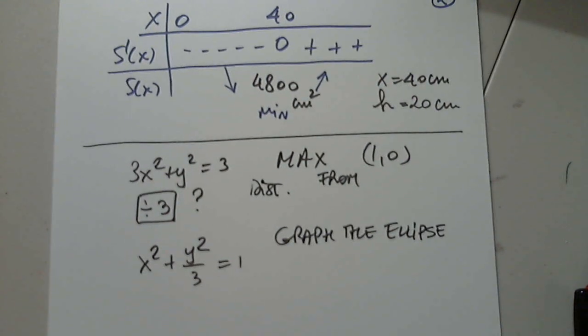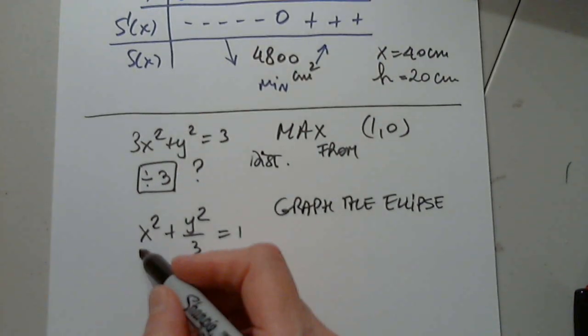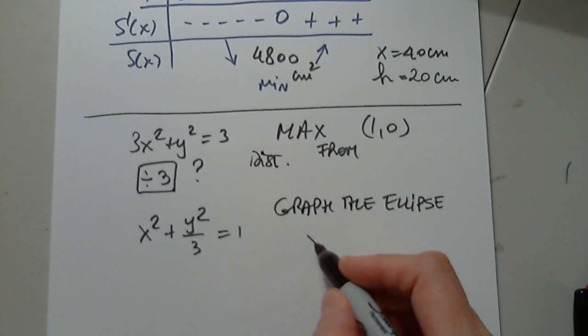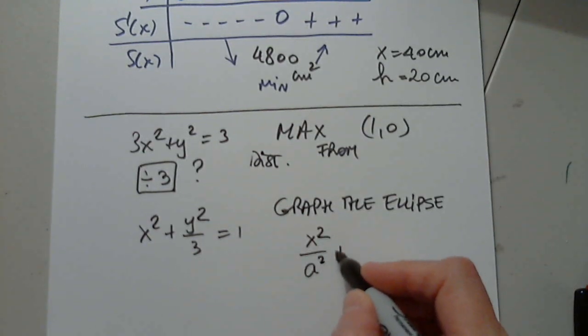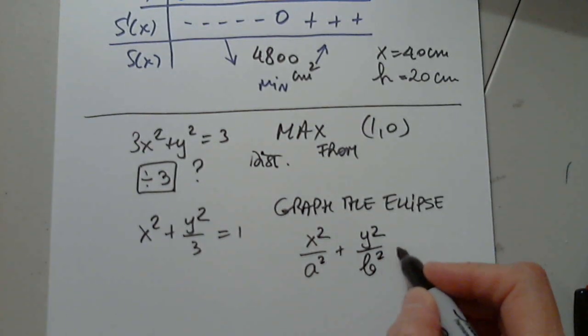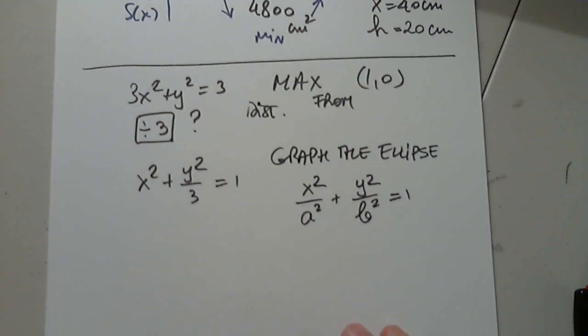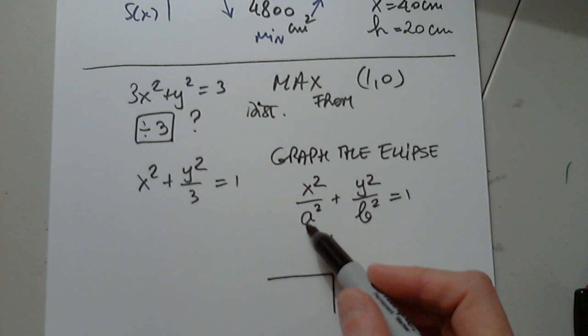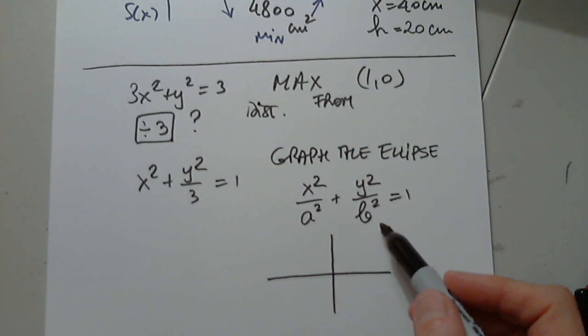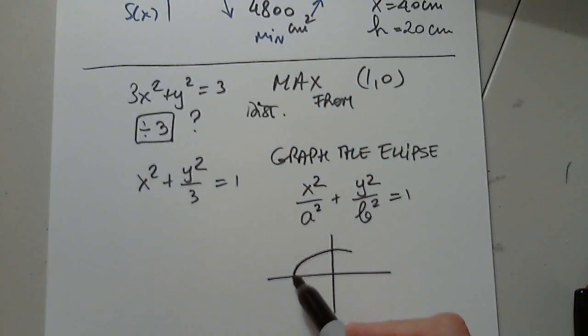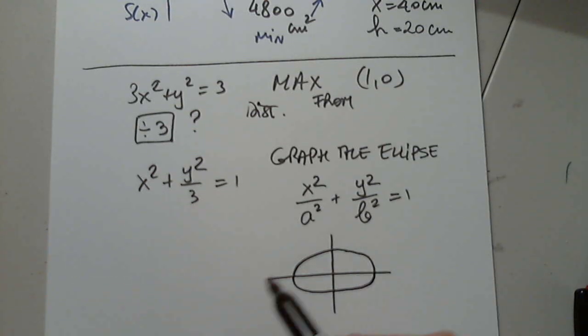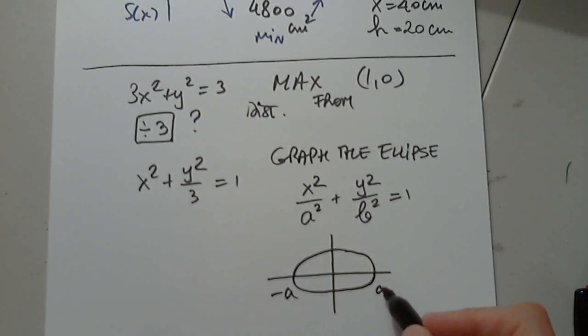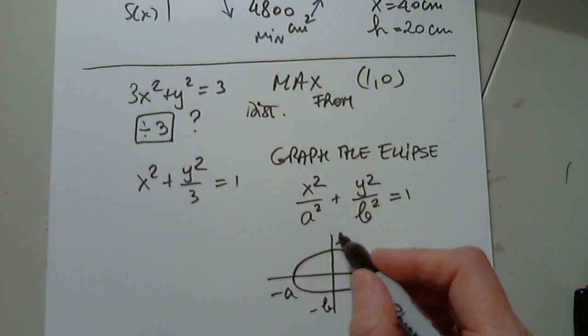Okay, let me refresh your memory. X squared divided by a squared plus y squared divided by b squared equals 1 means, assuming a is bigger than b, this situation where this is negative a and this is a, and this is negative b and this is b.